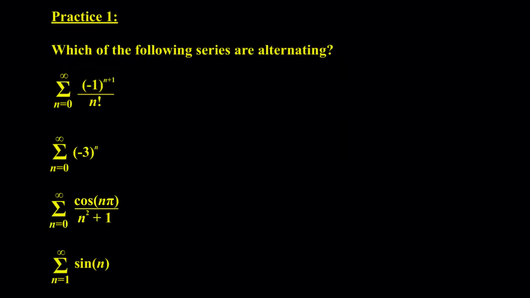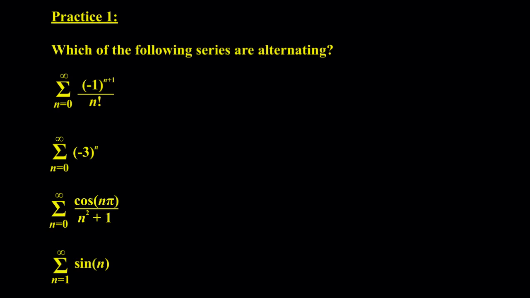All right, so this question is asking which of the following series are alternating. All right, so this right here tells us that yes, this is going to alternate. And in fact, when you're starting with 0, then that's going to give you -1 to the first power, which is a negative number.